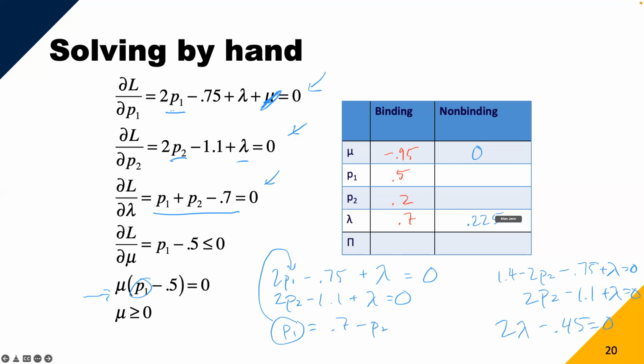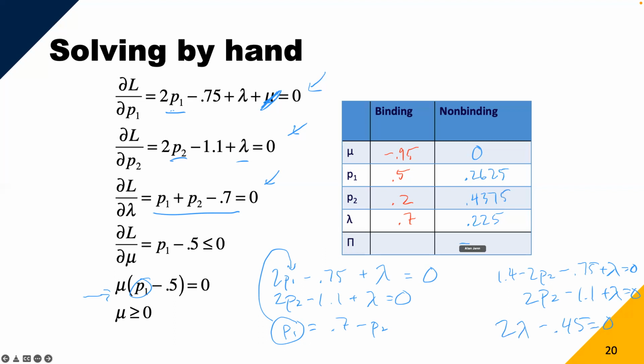And I can go back, plug these in, solve for my P1 and P2, and I will end up getting 0.4375 and 0.2625. Now I can take these prices and plug them into the original profit equation.